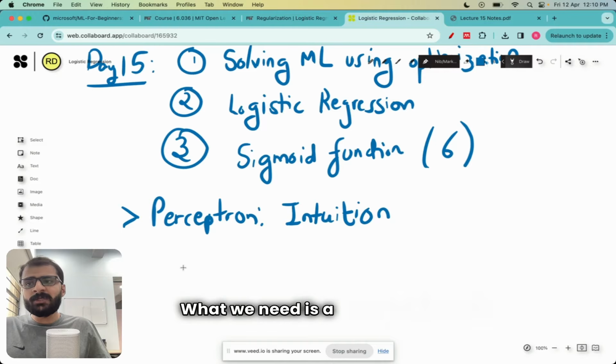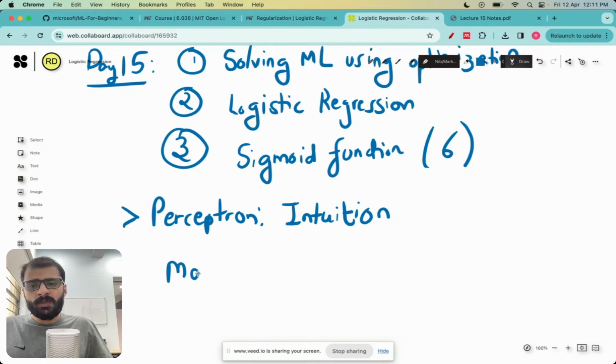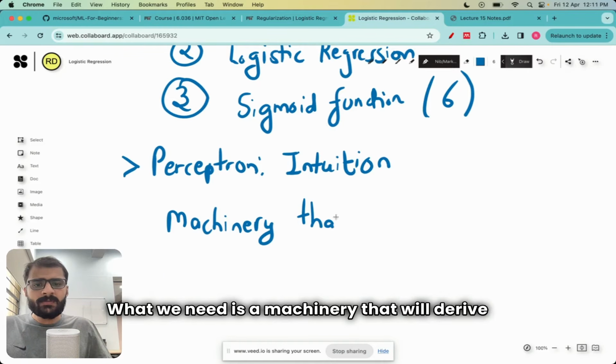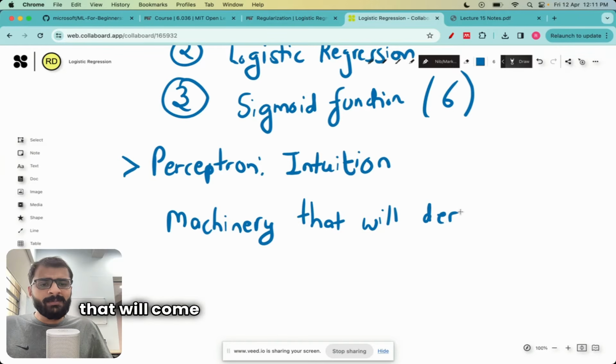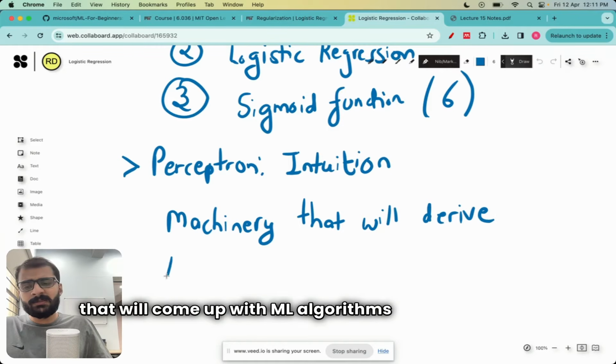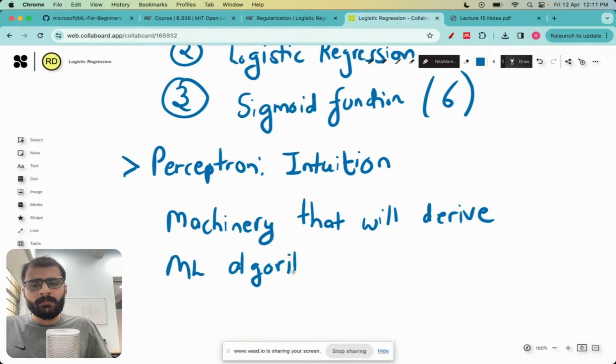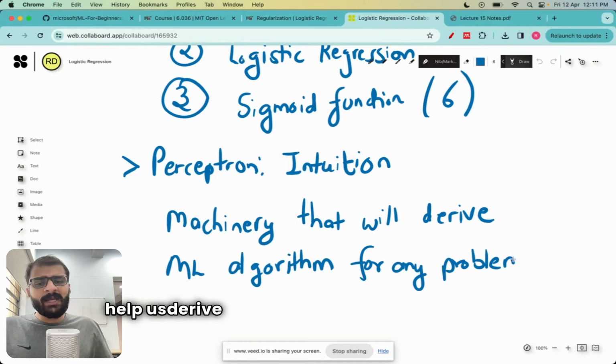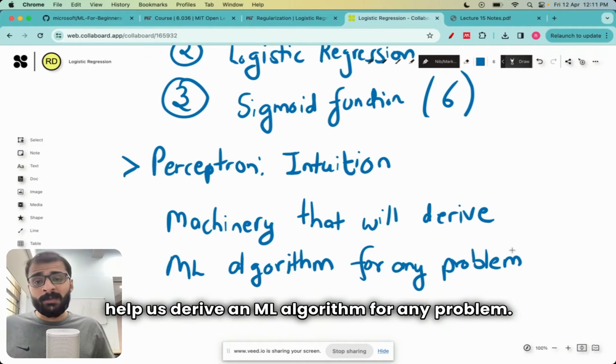What we need is a machinery that will derive, or that will come up with ML algorithms for any problem. So we need a machinery or a methodology which will help us derive an ML algorithm for any problem.